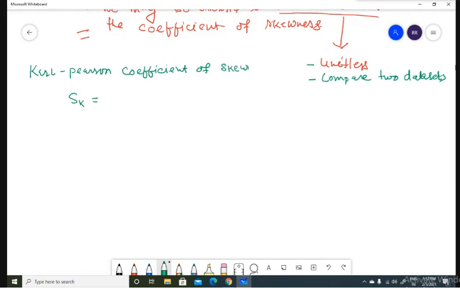Karl Pearson's coefficient of skewness, and it can be defined as mean minus mode divided by sigma. And there is an empirical relation between mean, median, and mode, that mode is equal to 3 median minus 2 mean.